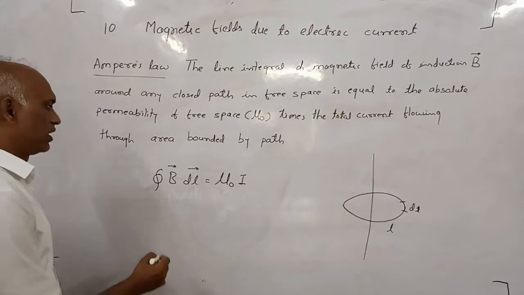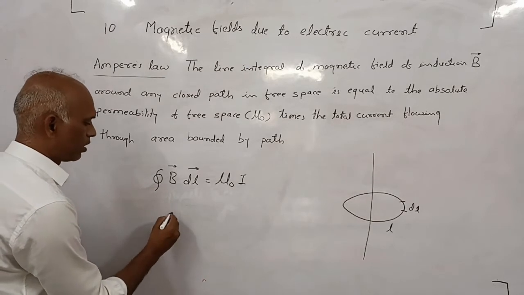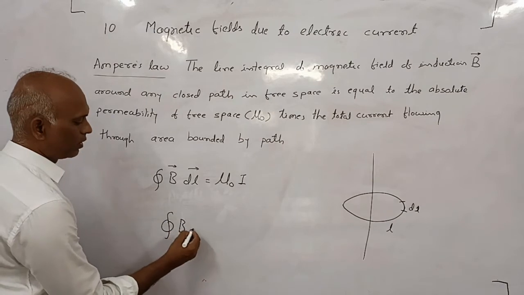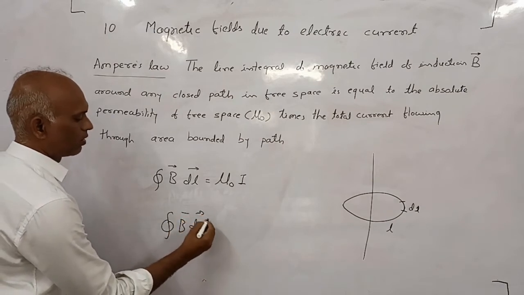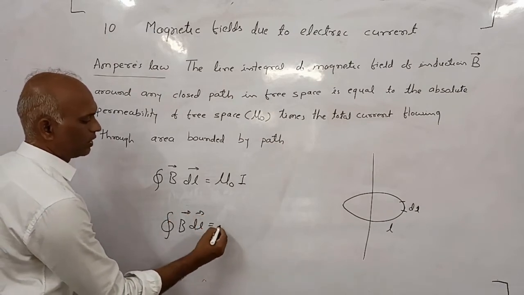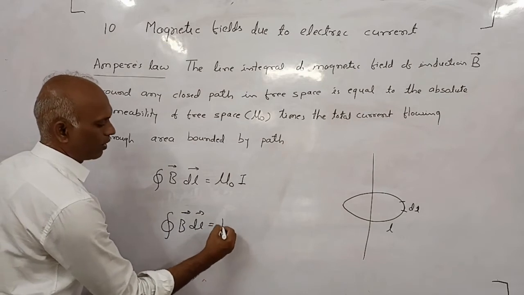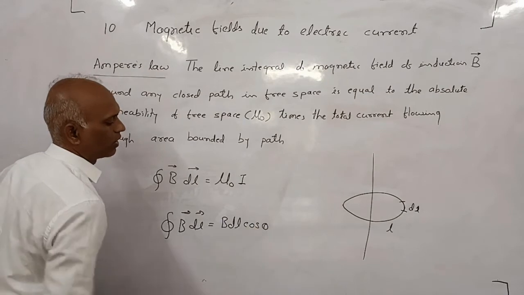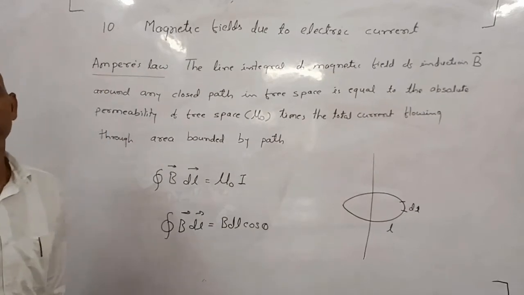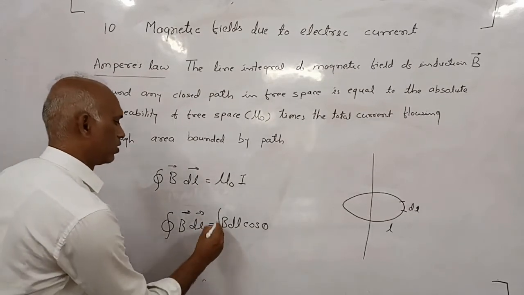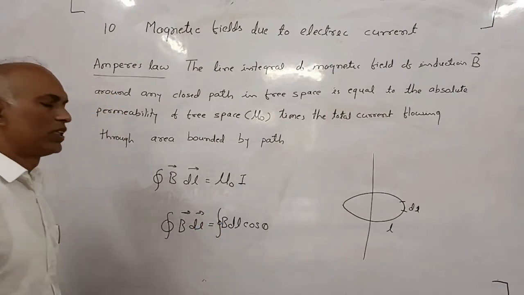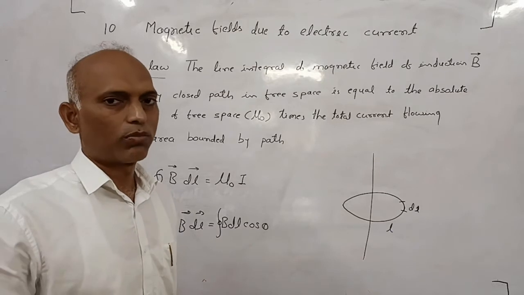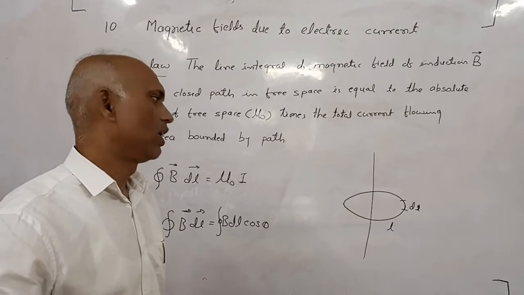In this case, the equation becomes the integration over the closed loop of B dl is equal to B dl cos theta, where theta is the angle between the direction of the magnetic field and the element.